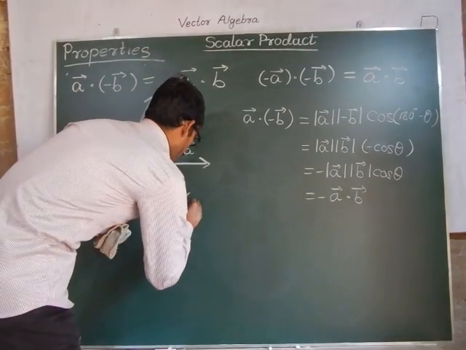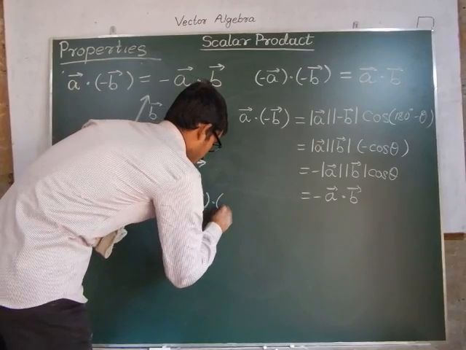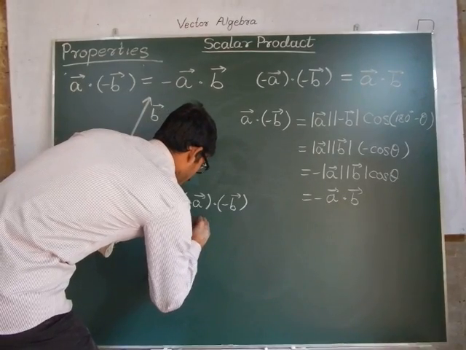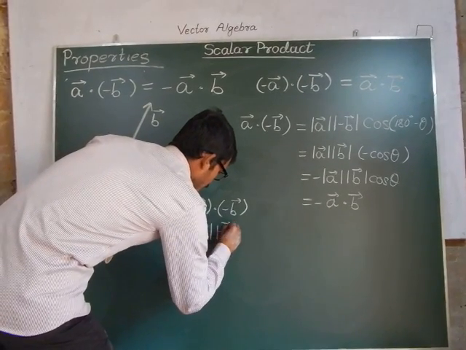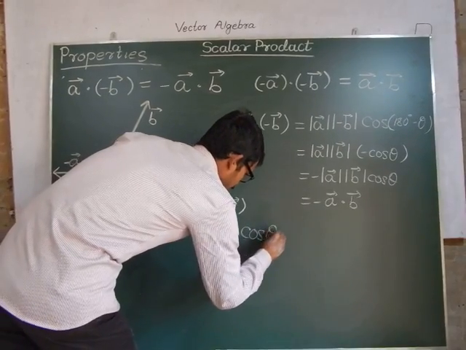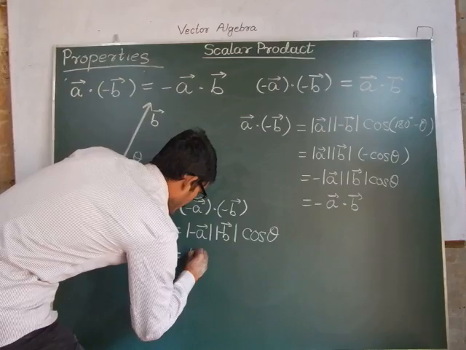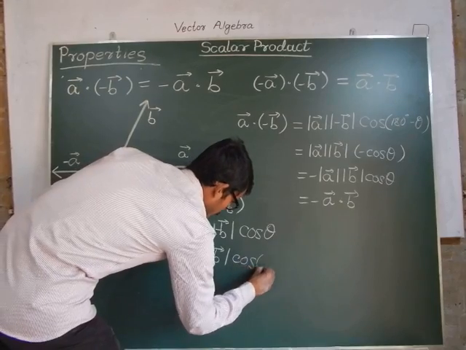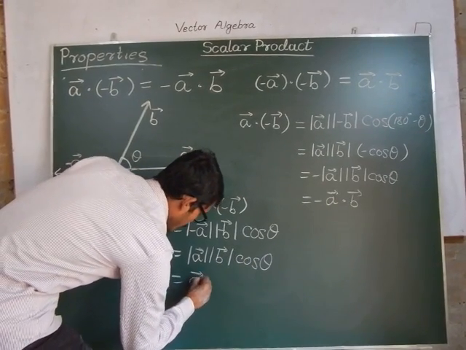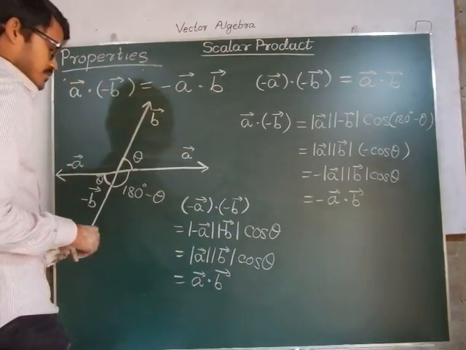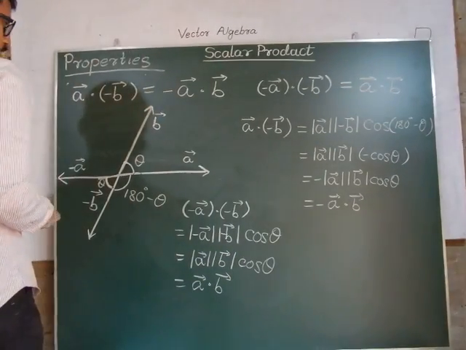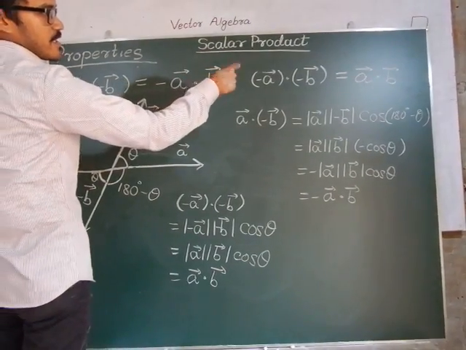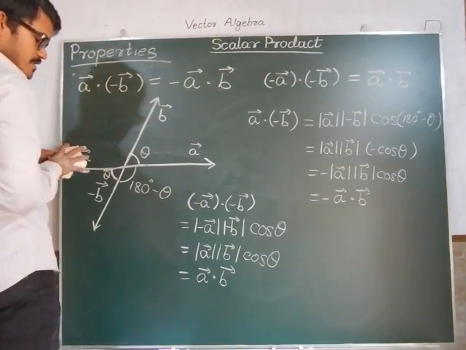Means minus A dot minus B is equal to magnitude of minus A multiplied by magnitude of minus B into cos theta. Magnitude of minus A is equal to magnitude of A, magnitude of minus B is magnitude of B, into cos theta, and this is A dot B. Means A dot minus B is equal to minus A dot B, and minus A dot minus B is equal to A dot B.